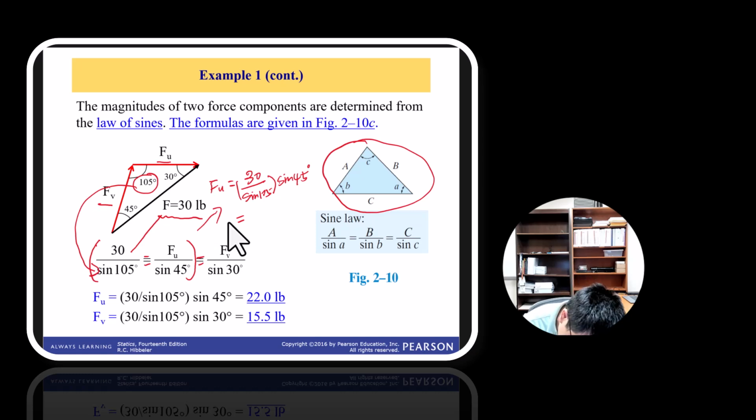Similarly, if we look at the first item and the last item, we get Fv equals 30 over sine 105 times sine 30, which equals 15.5 lb. Here is how we solve for the magnitudes of Fu and Fv.